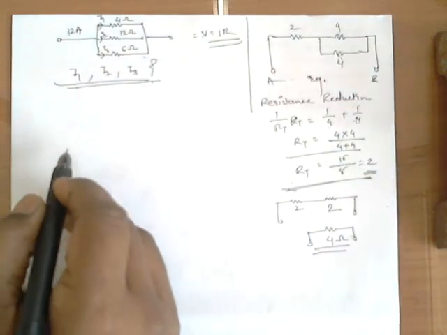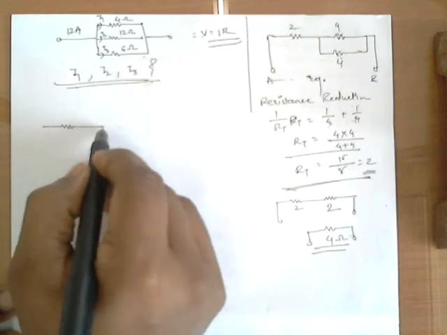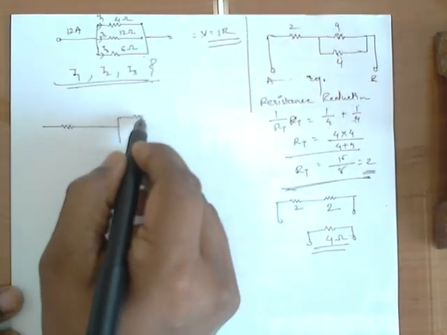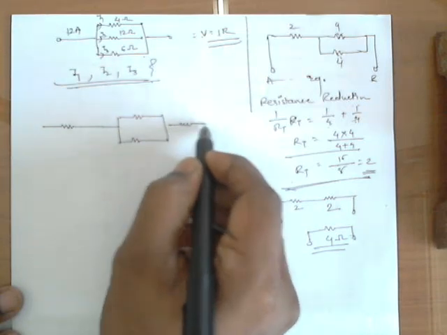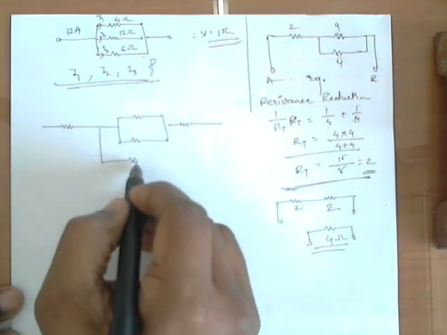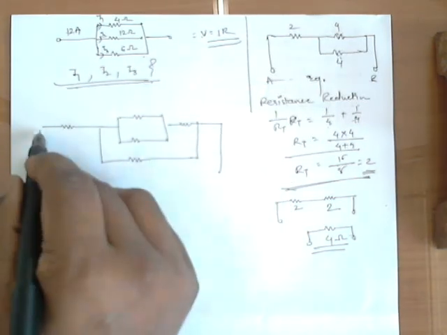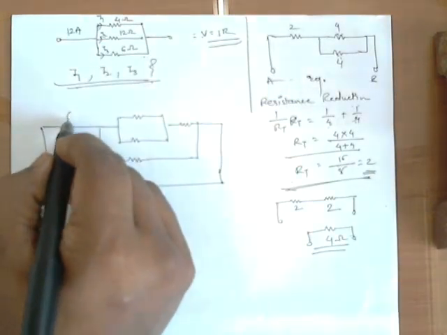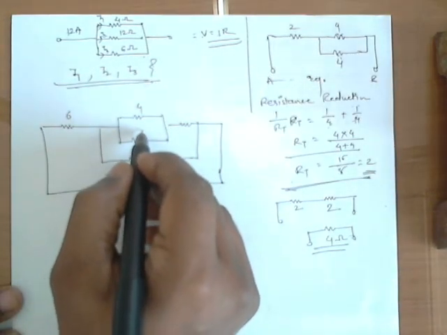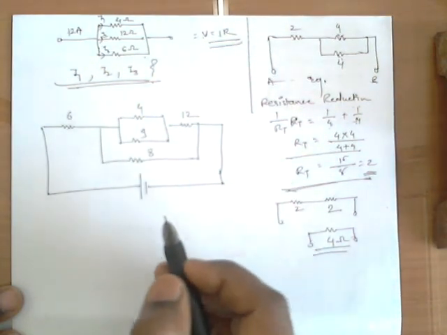Okay, so now what you have to do is reduce this circuit. This is 6, 4, 9, 8, 12.